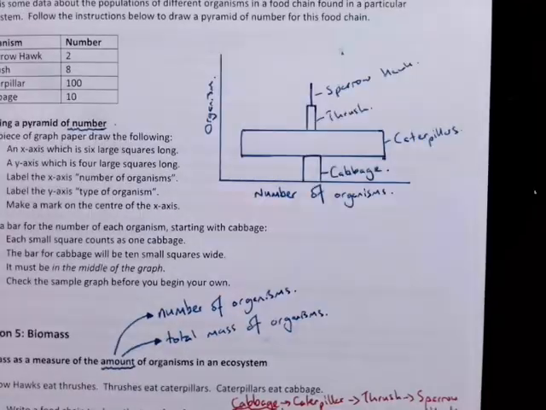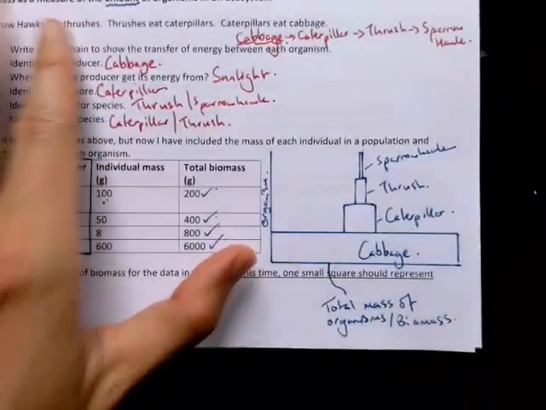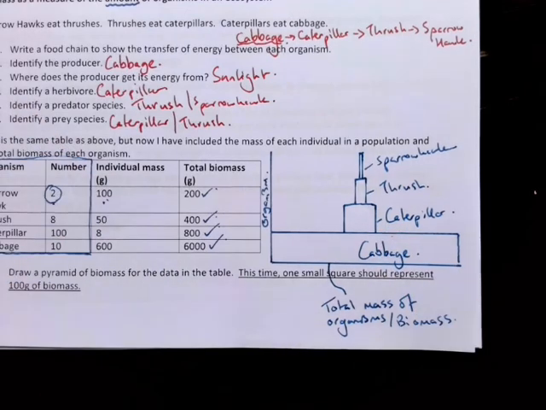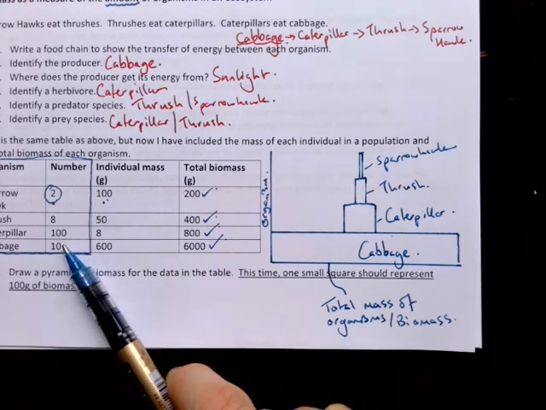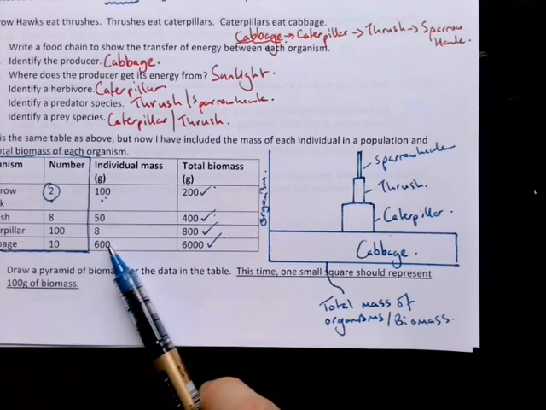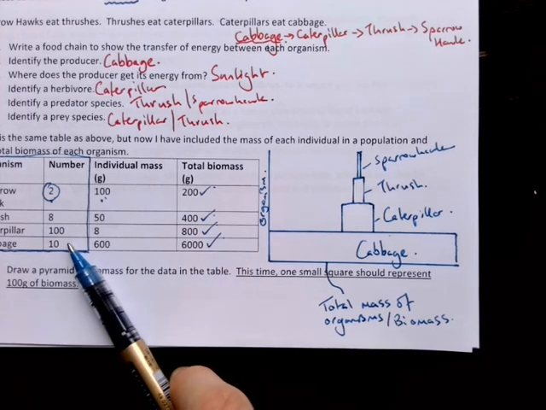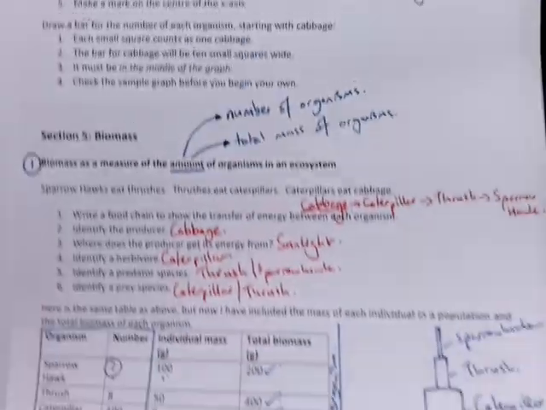So before, with the pyramid of number, it looked like this, whereas now with the pyramid of biomass, it looks like this. And that's because it takes into account the fact that even though we've only got a few cabbages, each individual cabbage has quite a large mass. So the total mass of those few cabbages is very large. All right? Good.